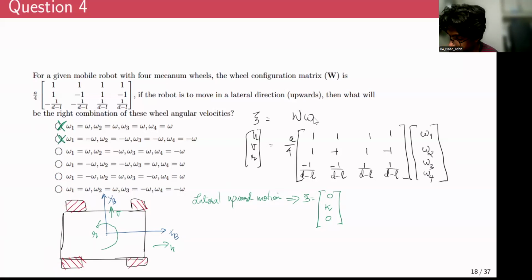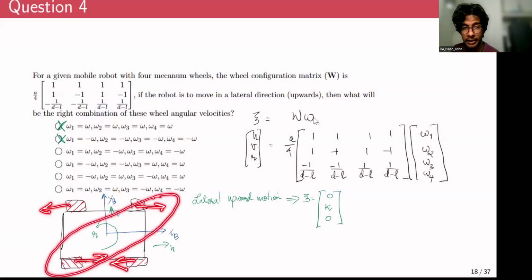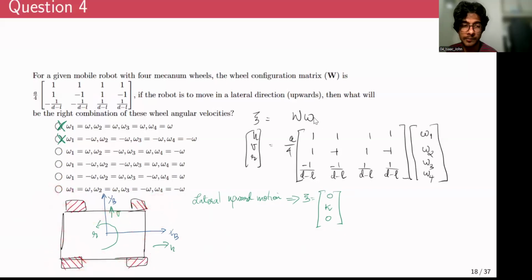Option 3 is omega 1 is plus omega, omega 2 is minus omega, omega 3 is plus omega, and omega 4 is minus omega. So these two diagonal wheels have equal magnitude and equal direction, and the other two wheels have equal magnitude and equal direction. So we will substitute omega, minus omega, omega, and minus omega.